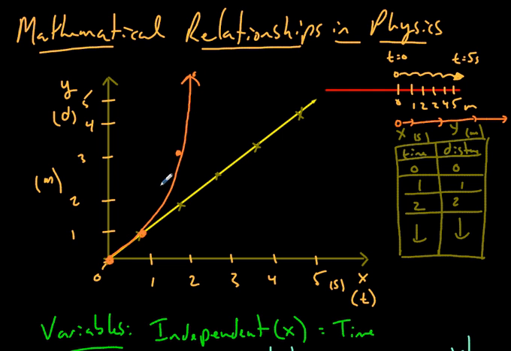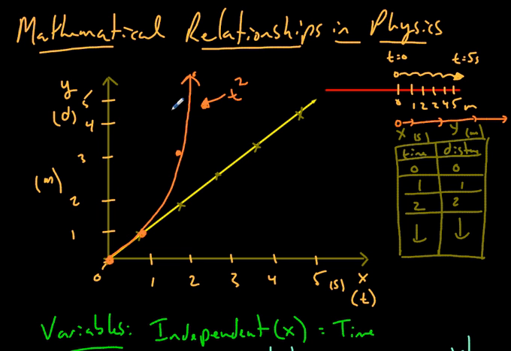So if something is speeding up, it's covering a larger amount of distance every second. Okay, this is no longer considered a direct relationship. And it turns out that this is governed by a squared relationship. So in other words, the distance is proportional to the square of time, right?